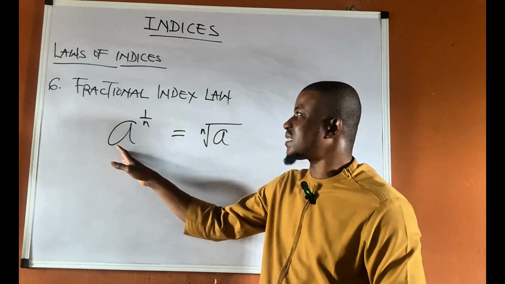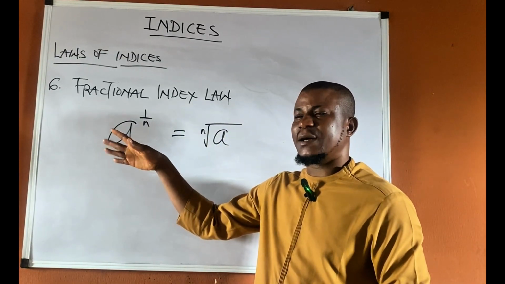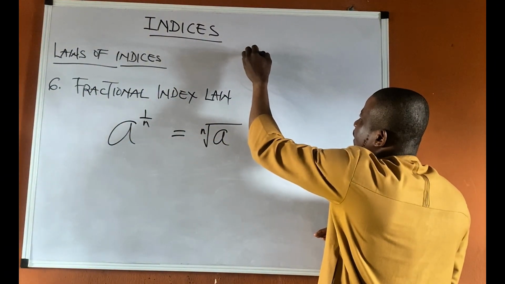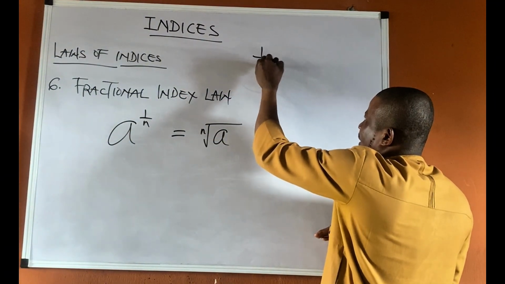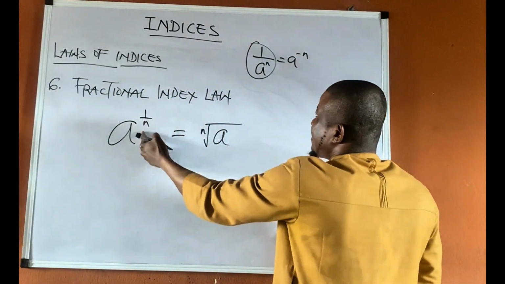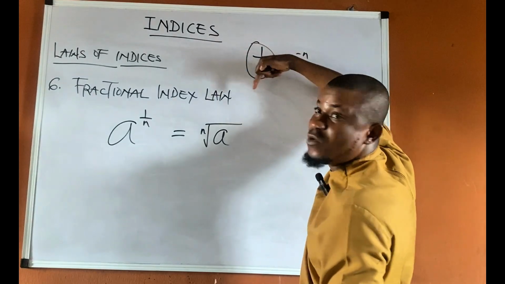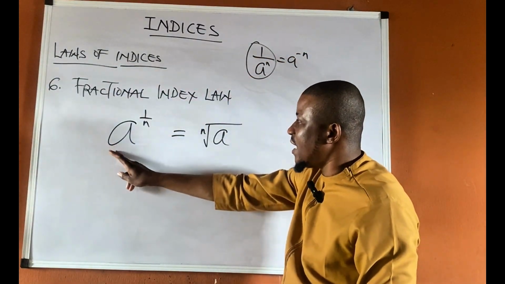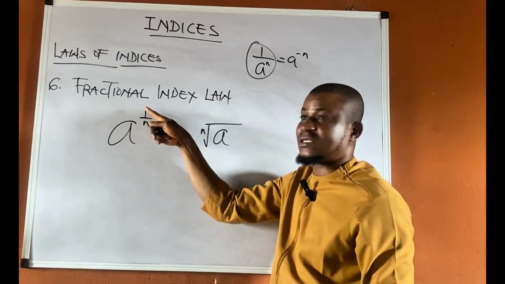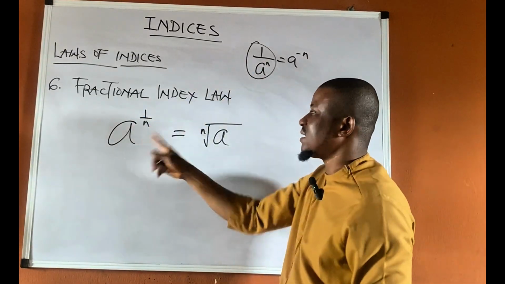Now, this is not the same as the negative index law, where we have 1 over a to the power n, equal to a raised to the power negative n. This one is 1 over a to the power of n. This is just a to the power 1 over n. This is the whole index. All right, so this and this are not the same.